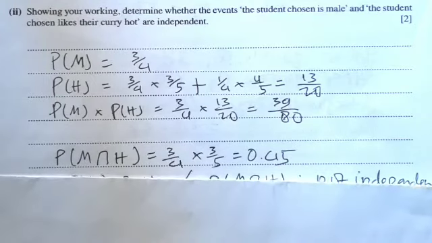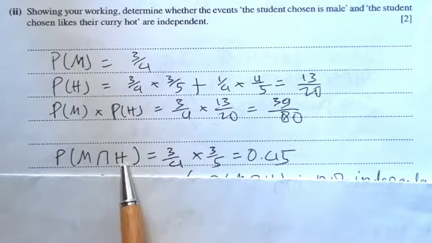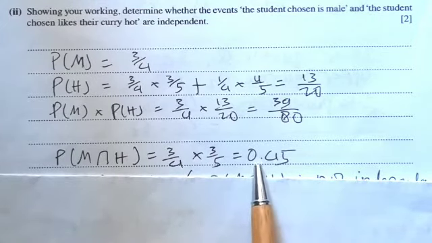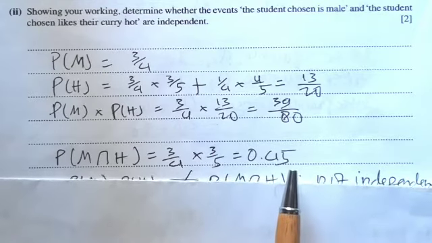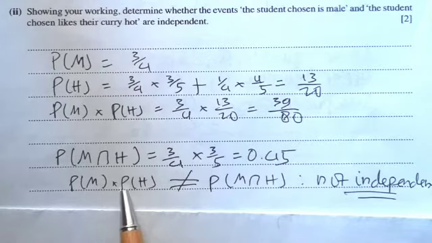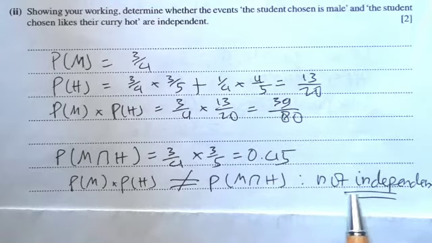Now the probability of male intersect hot is 3/4 times 3/5, that is 0.45. Thus the probability of male times the probability of hot does not equal the probability of male intersect hot. Thus the events are not independent.